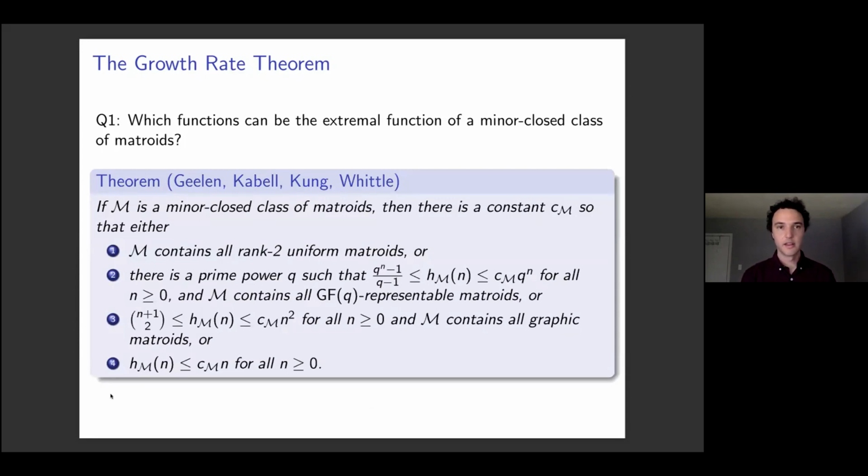It says that if M is a minor closed class of matroids, then there's some constant C depending on the class, so that either the class M contains all rank 2 uniform matroids and the extremal function is infinite, or there's some prime power q so that the extremal function is exponential with base q, and M contains all GF(q) representable matroids, or the extremal function has a quadratic lower bound and upper bound, and M contains all graphic matroids, or the last option, the extremal function has a linear upper bound.